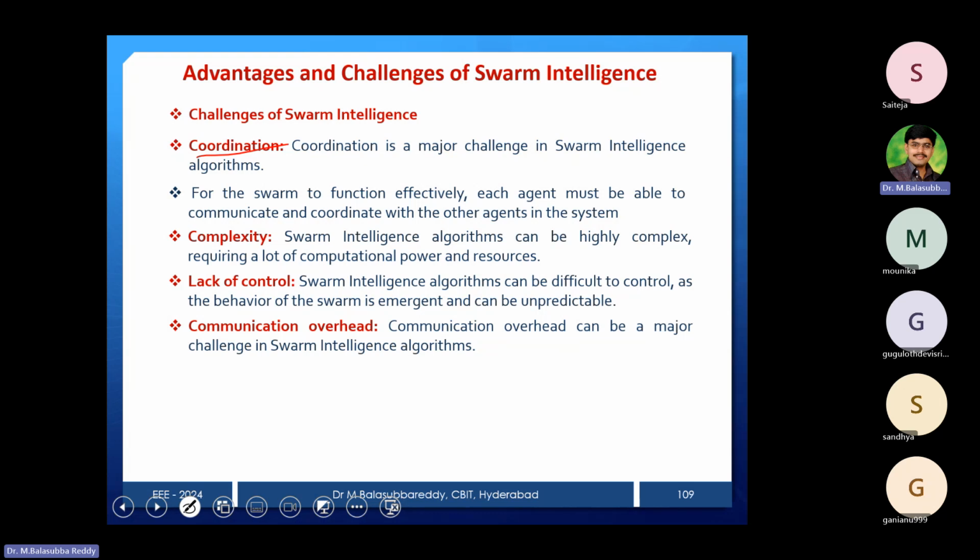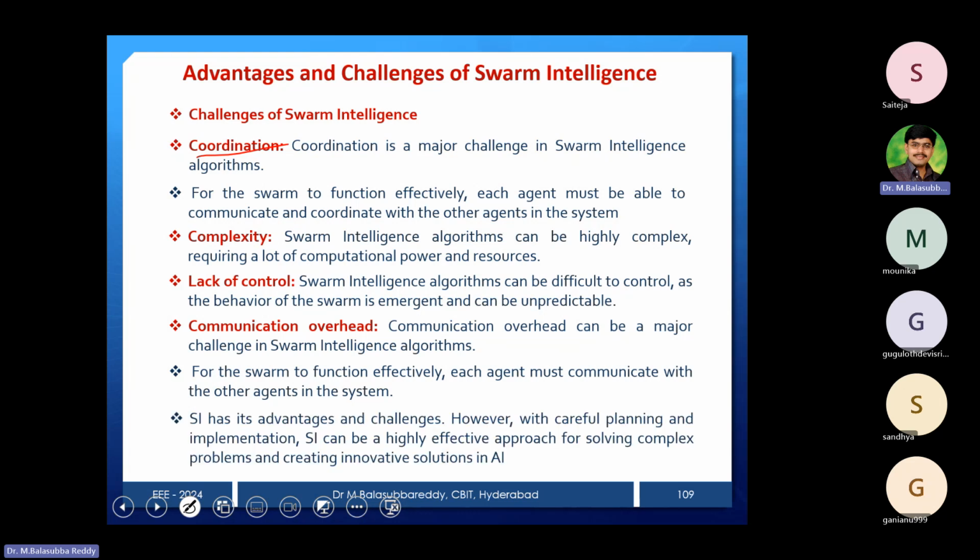Communication overhead can be a major challenge in swarm intelligence. To work effectively, each agent must communicate with each other in the system. So swarm intelligence has its advantages and challenges, as I mentioned.